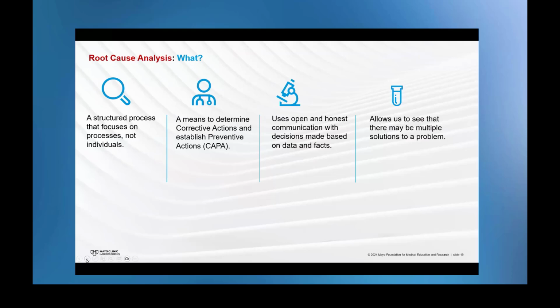It uses open and honest communication with decisions made on data and facts. And it allows us to see that there may be multiple solutions to a problem. So, to be clear, none of the people in these cases were blamed or shamed for what occurred, but obviously, challenging conversations had to take place to gather the information needed to prevent the incidents from occurring again.